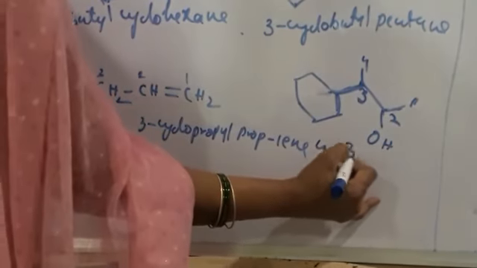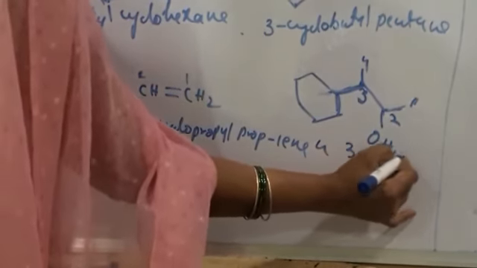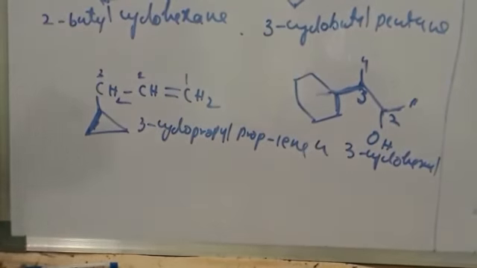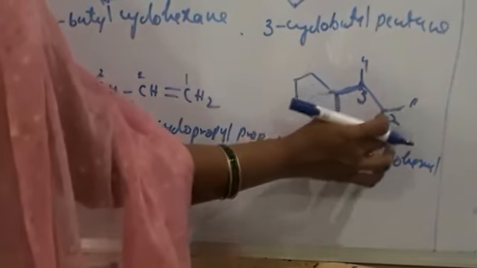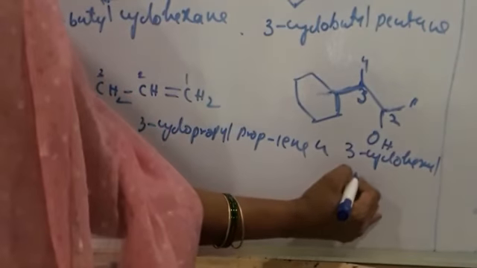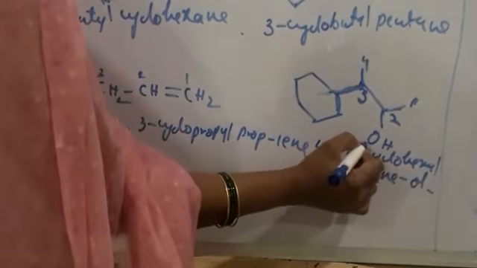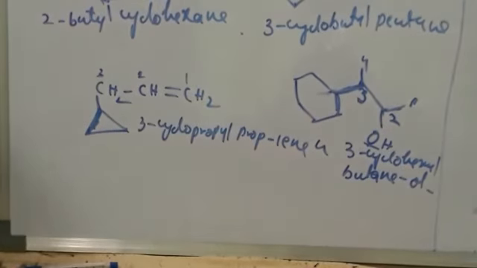So 3-cyclohexyl, with the main chain having 4 carbon atoms of butane, butan-1-ol. The functional group is OH. Butan-1-ol.